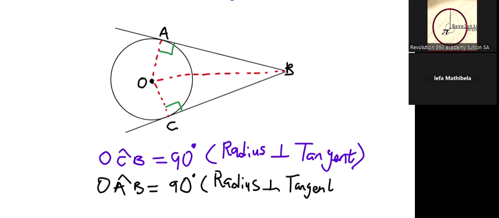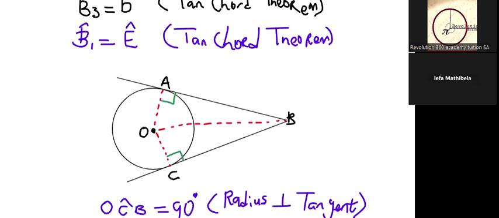So that is theorem 8. Don't forget, that is theorem 8: two tangents drawn from the same point outside the circle are equal in length.